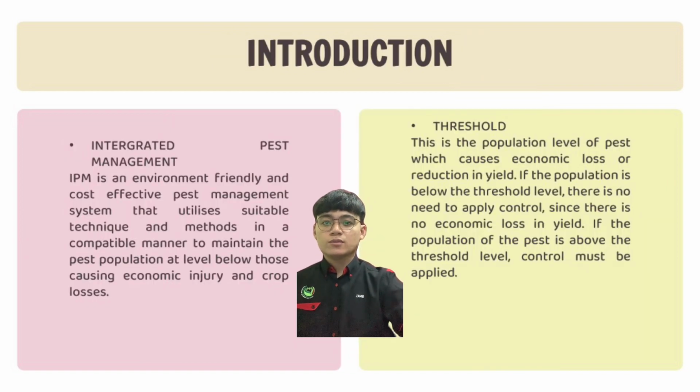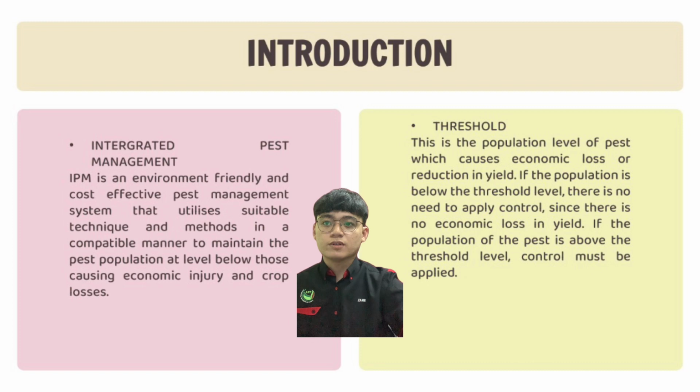So the first one is the introduction. Before we do any treatment, we should know about what IPM is and the threshold level. IPM is an environment-friendly and cost-effective pest management system that utilizes suitable techniques and methods in a compatible manner to maintain the pest population at levels below those causing economic injury and crop losses.